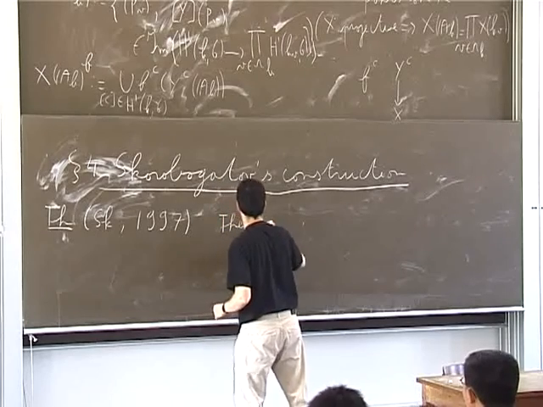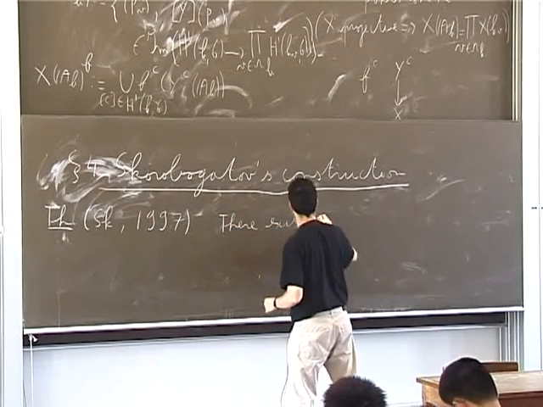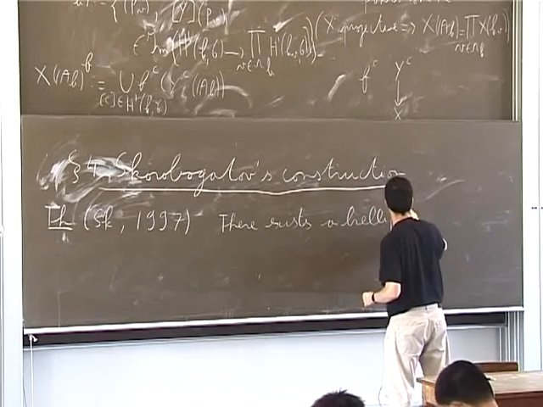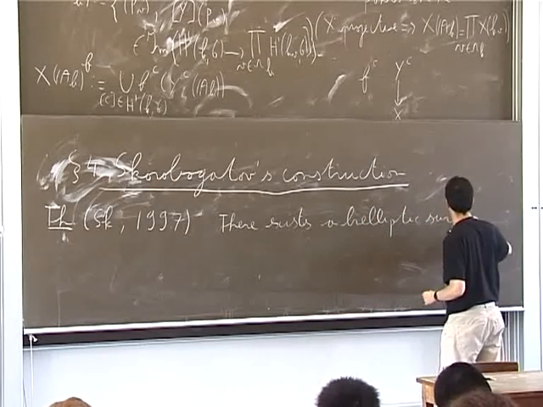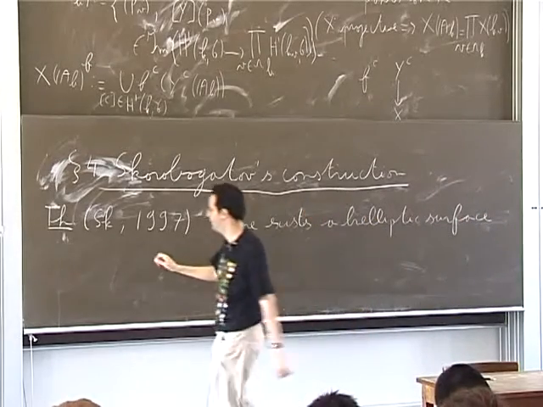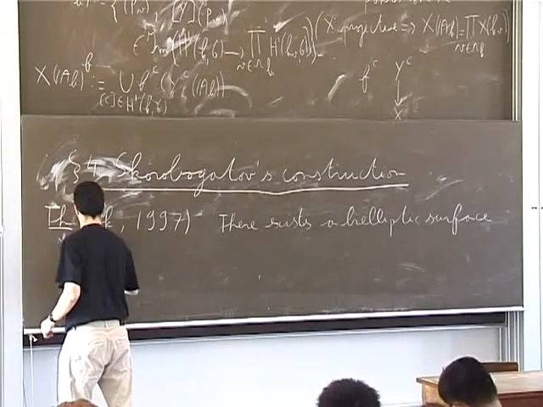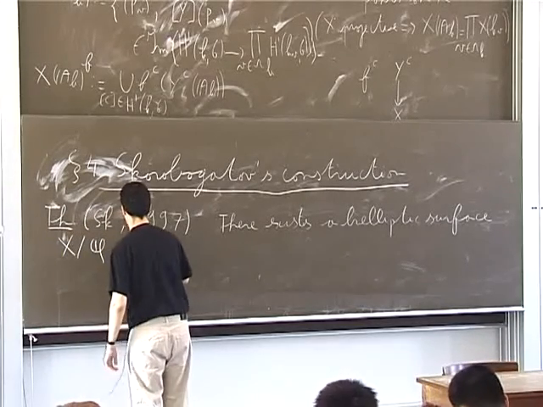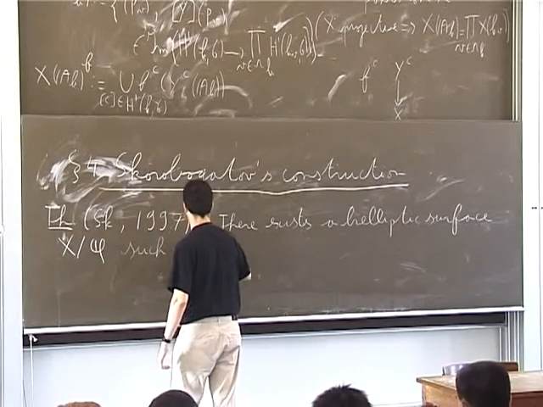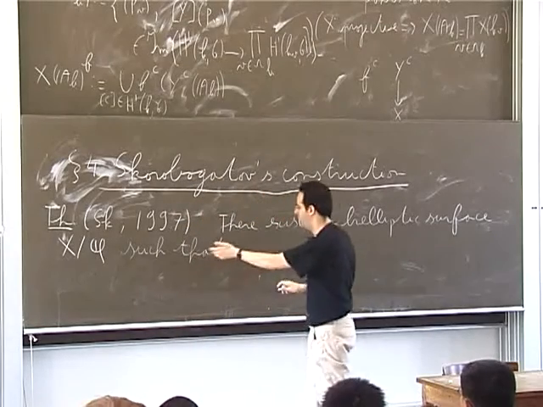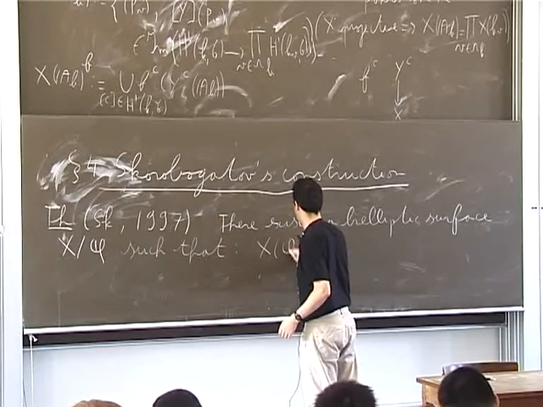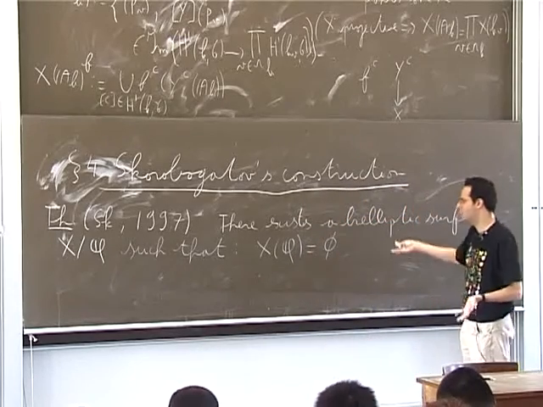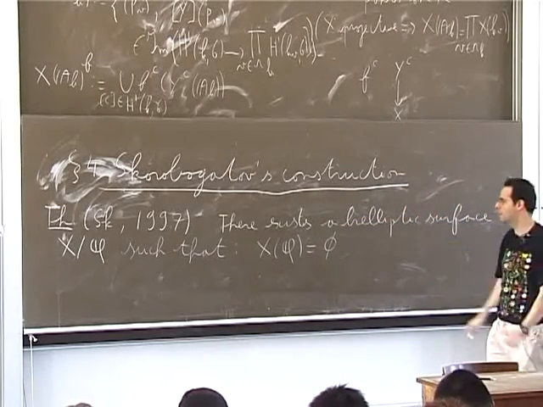There exists a bielliptic surface X over Q, the field of rational numbers, such that first of all there is no rational point, X of Q is empty, and there is no Brauer-Manin obstruction to the existence of a rational point.